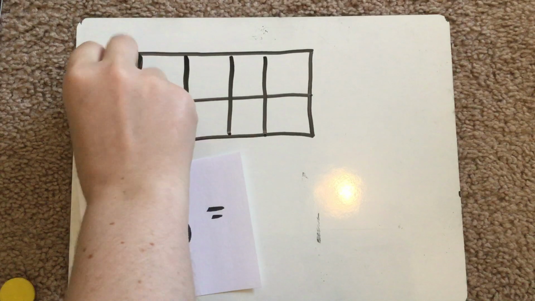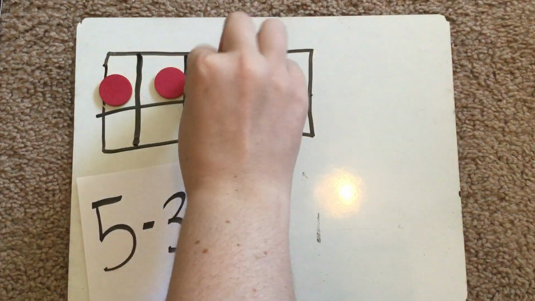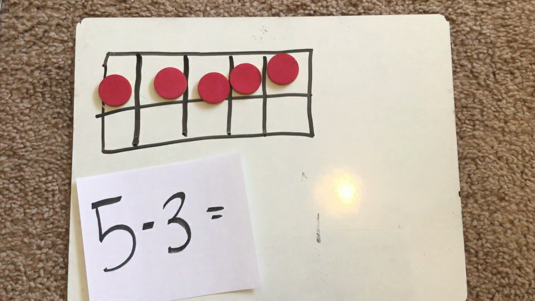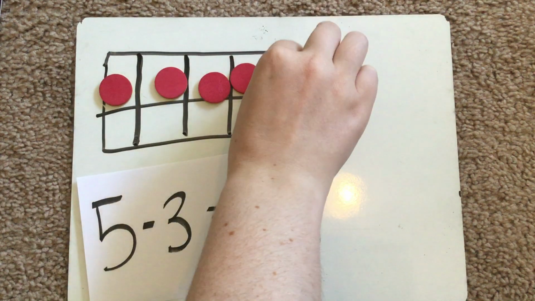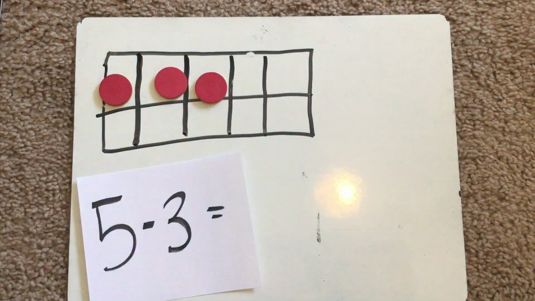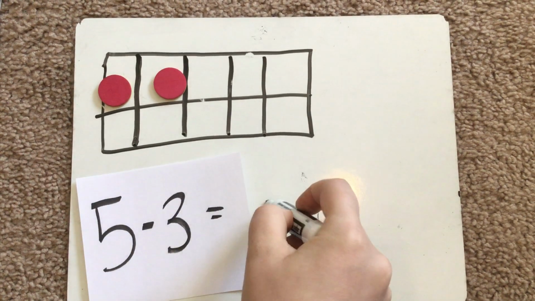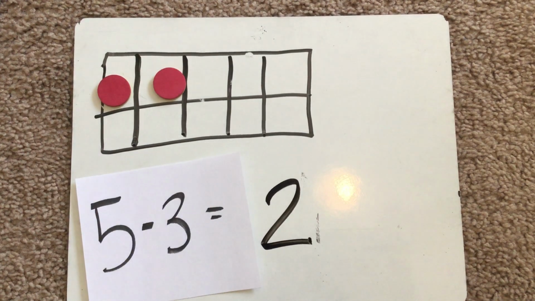I have 5, so let me do that. 1, 2, 3, 4, 5. How many am I going to take away? 3. 1, 2, 3. How many are left in my 10 frame? 2. So 5 minus 3 equals 2.